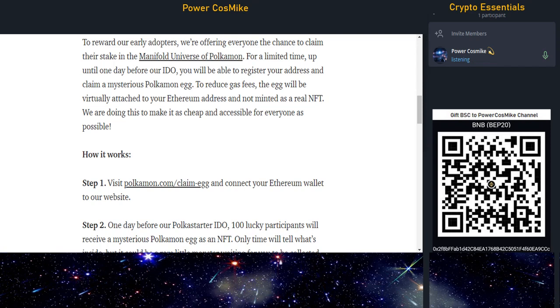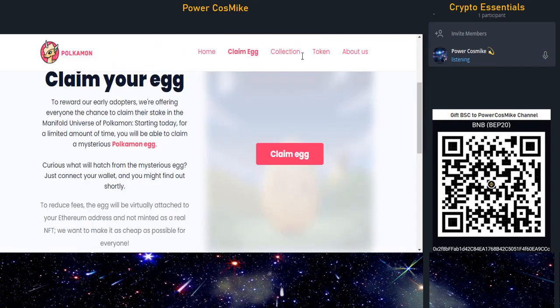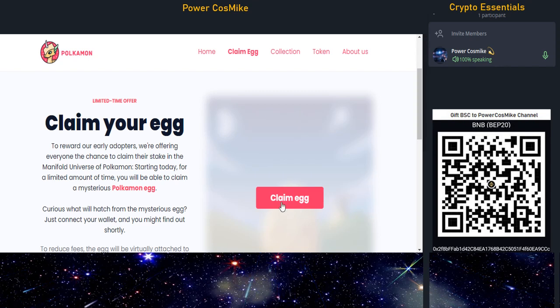So I've got my Polkamon page here, and essentially there's this claim egg here button, and what you've got to do is have your MetaMask or other internet wallet to make this happen.